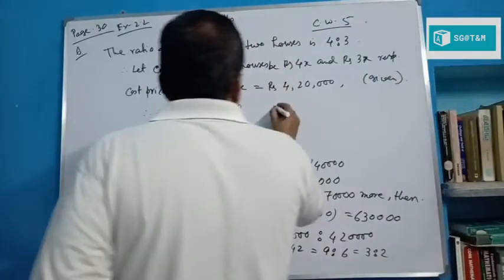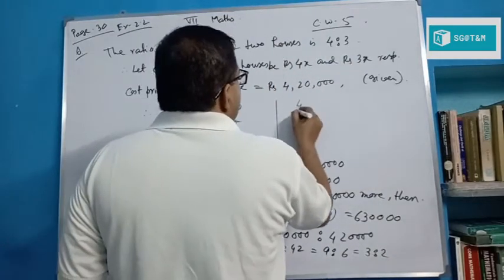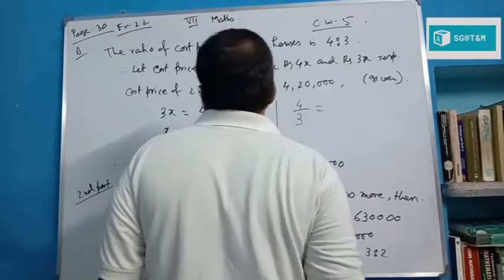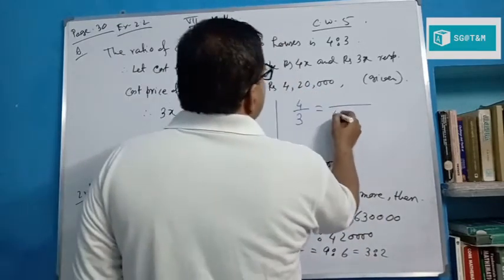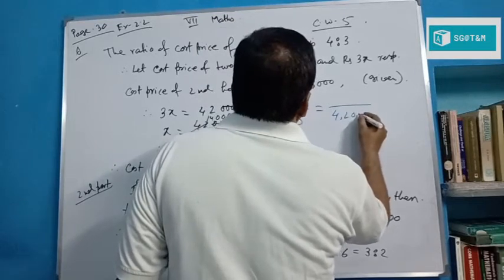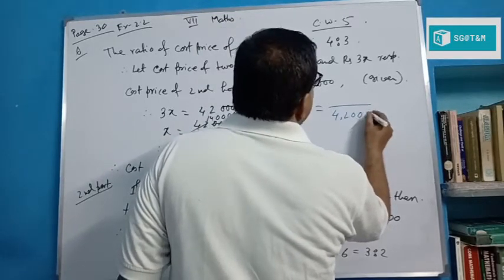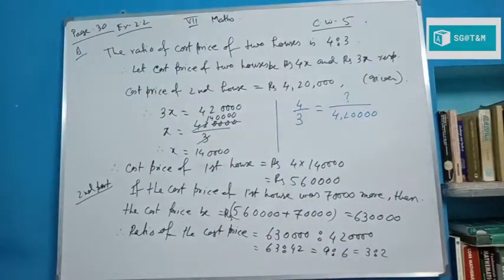If you use arithmetic, we have to find from this ratio, which is 4 is to 3. The second house is given as 4,20,000, and you have to find this number. Very easy to calculate.